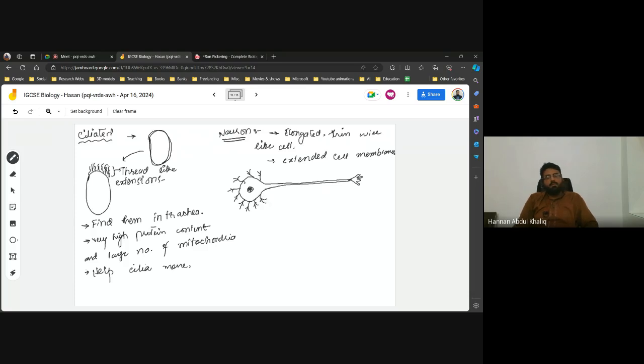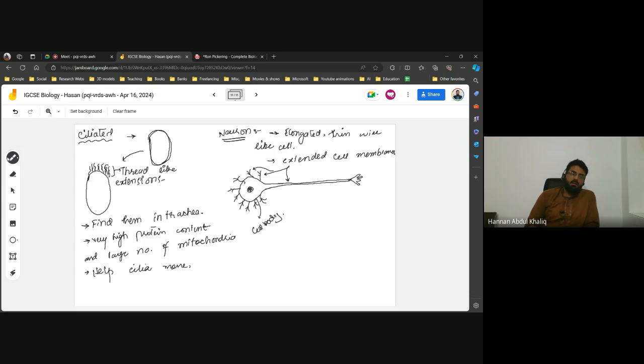These are extended cell membrane. See, the terminal swollen region is called the cell body. But remember that these structures that you see over here are basically called extended cell membranes. These are not something unique or very different. These are just cell membrane extensions.